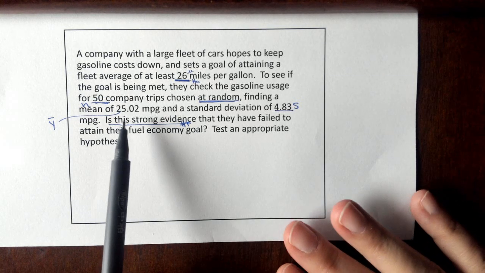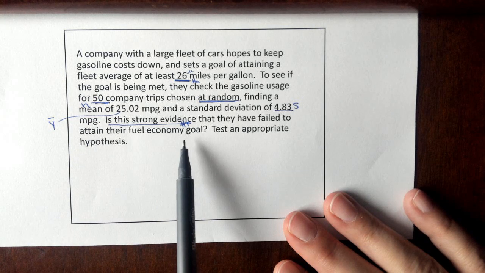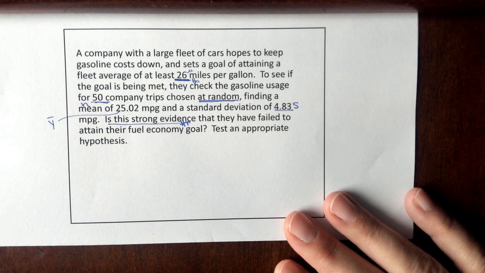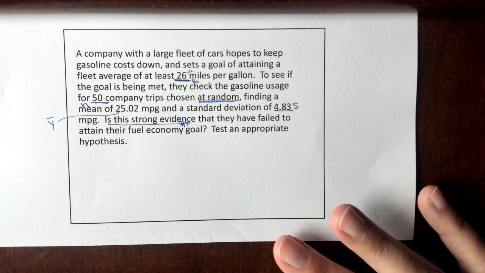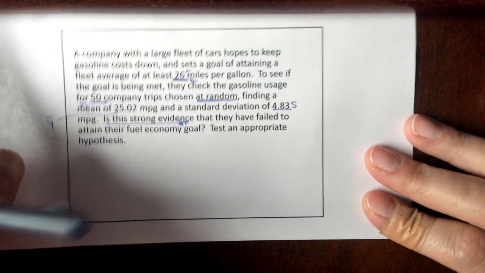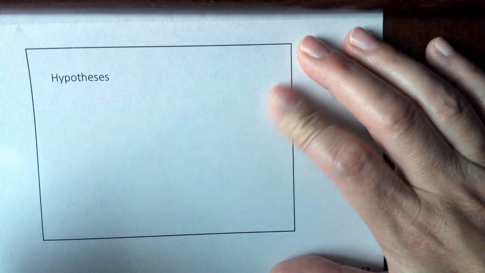And if it drops below that, they have failed to attain their goal. So that's going to be our alternative. So this is a one-tailed test. We only care if our fuel economy is too low. Better gas mileage is a good thing. That's not a problem.